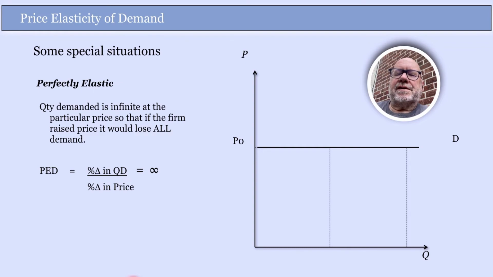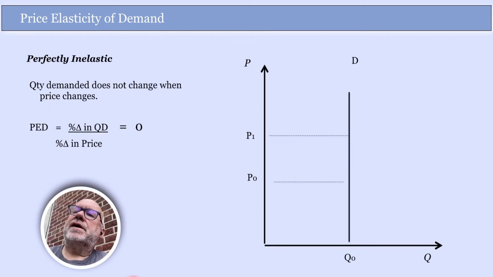Okay, so there are 3 special situations. You just got to know these, I think, for multi-choice, although this one comes up in the second year of the course. Again, this is the perfectly elastic demand. In other words, if you change the price by a very small amount, you get a massive change, an infinite change in demand. That's what you'd be drawing for perfectly elastic. Perfectly inelastic means that the demand does not change, and that's the only time you can say that demand does not change when the price changes.